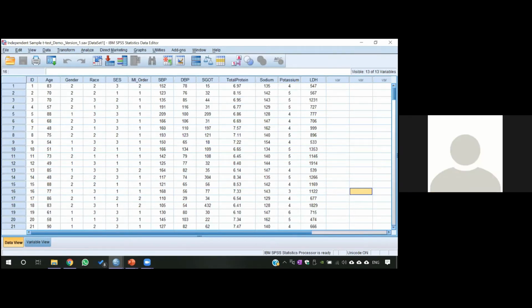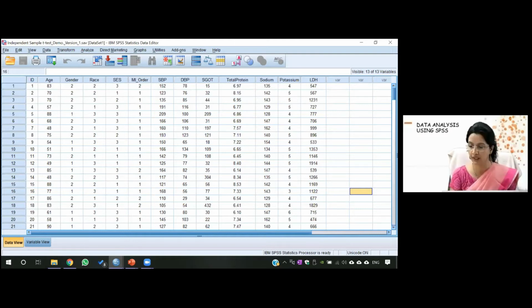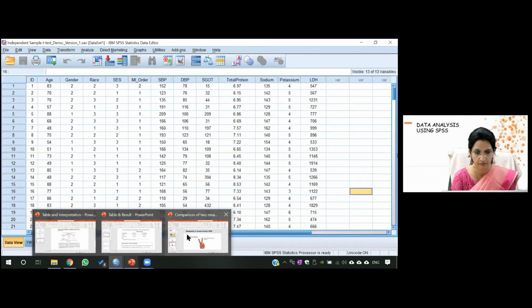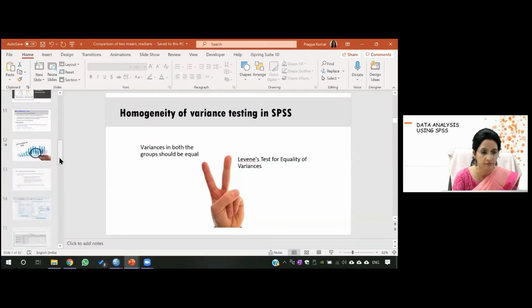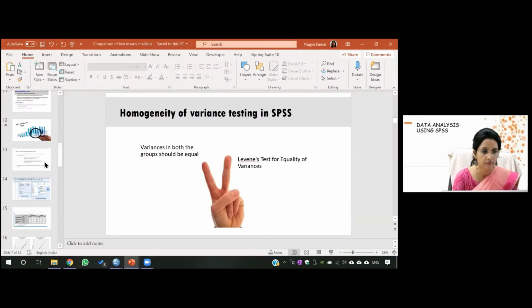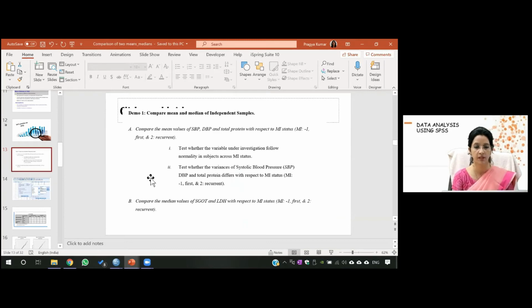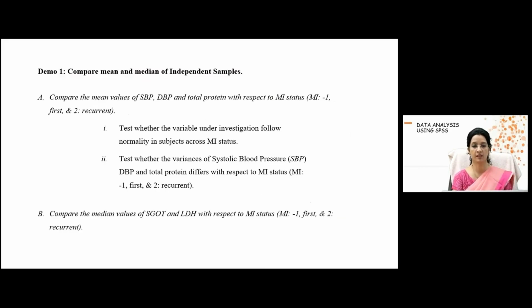So the first question was, compare the mean values of, I'll show you in the slide, wait. Can you see this? So the first question is, compare the mean values of systolic blood pressure, diastolic blood pressure, and total protein with respect to MI status.